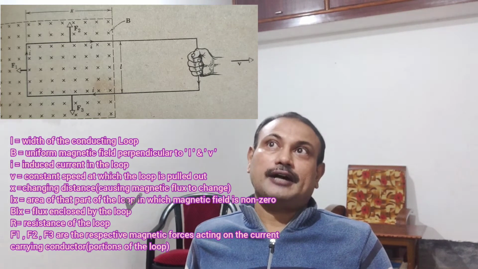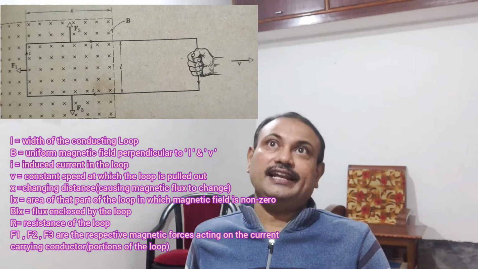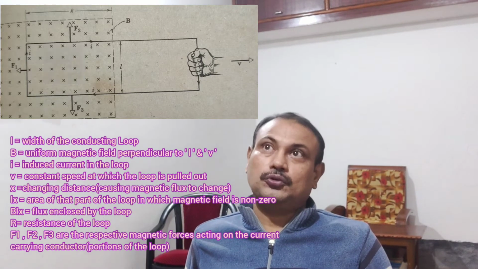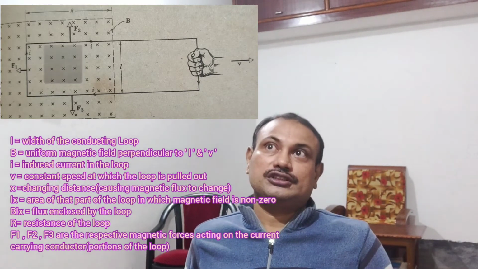It is because phi is B dot A, here A being L into x, which is the area of that part of the loop where magnetic flux is not zero.